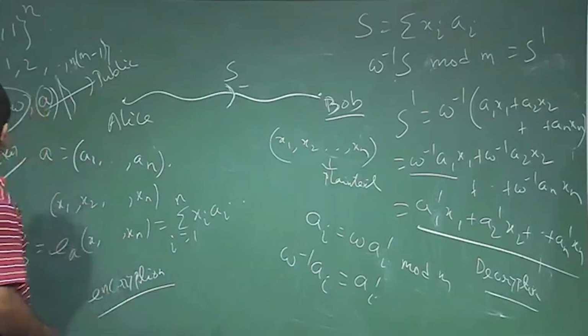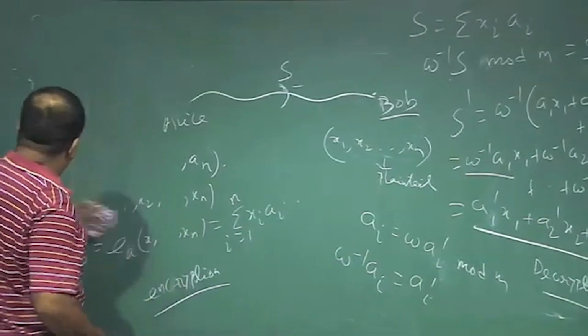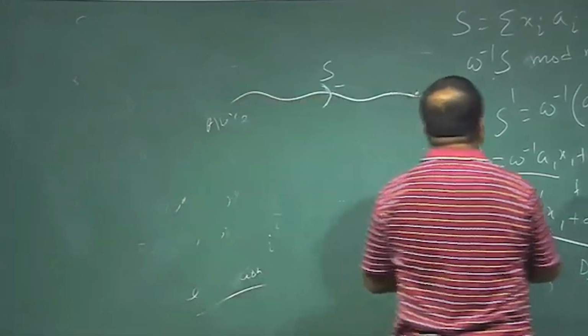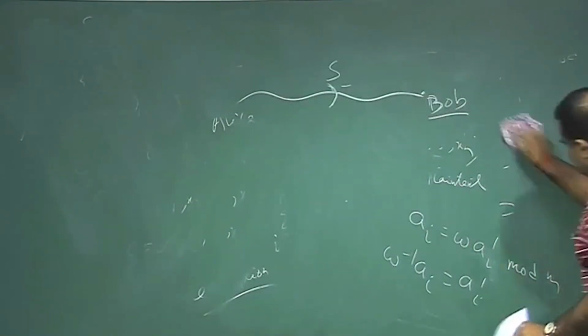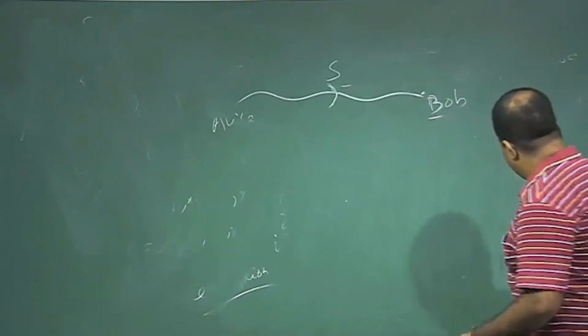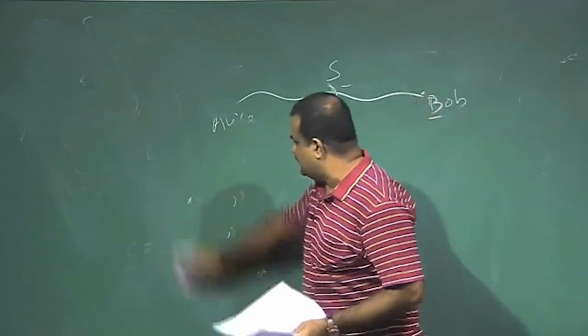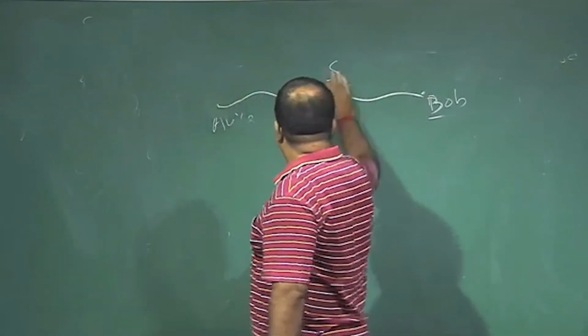Okay. Now, let us take a quick example. Alice wants to send a message to Bob, so this setup has to be done by Bob.